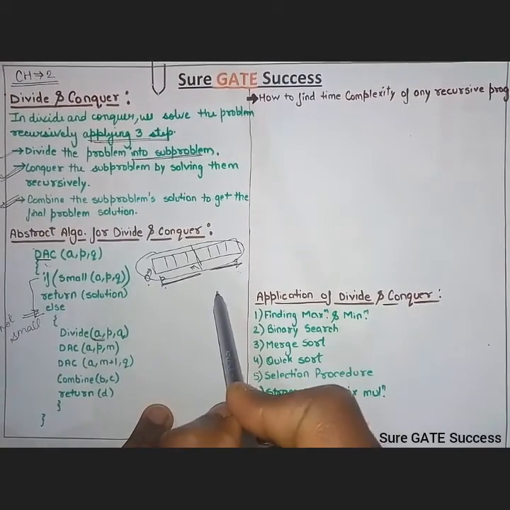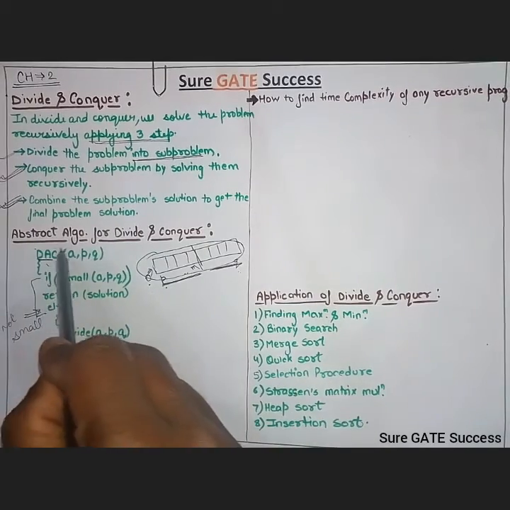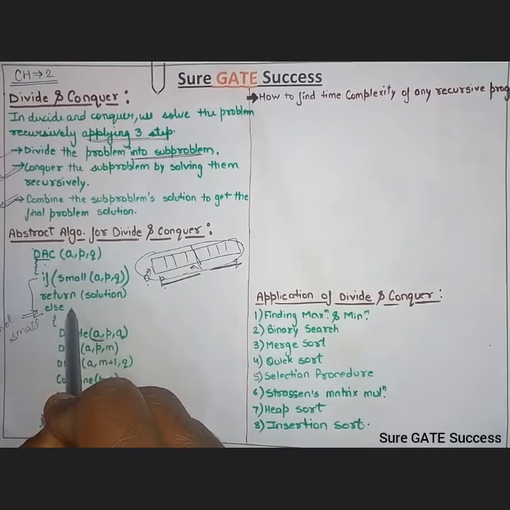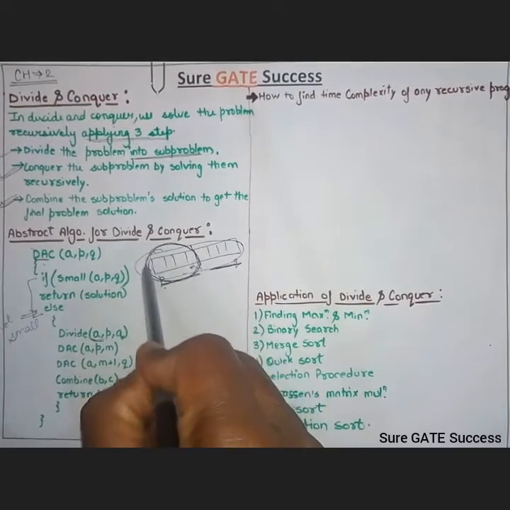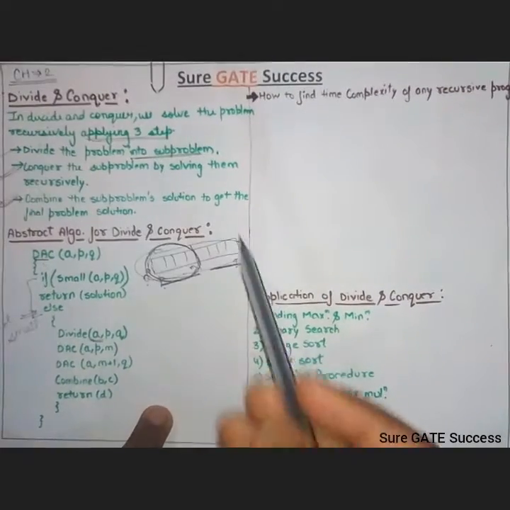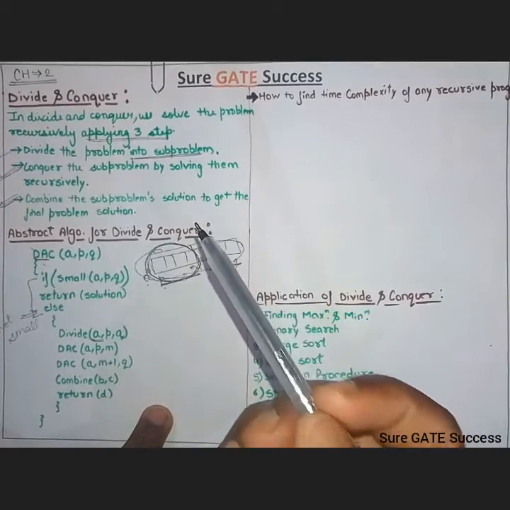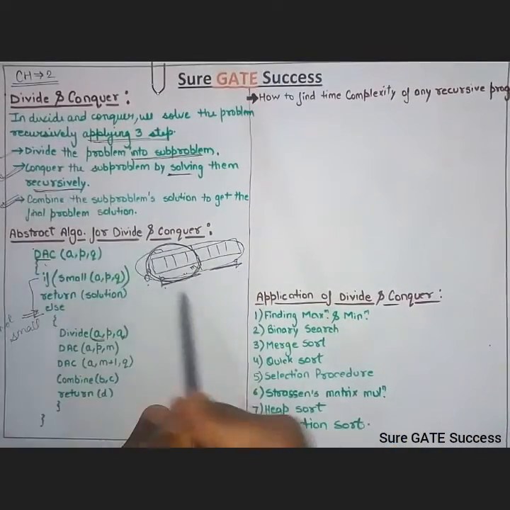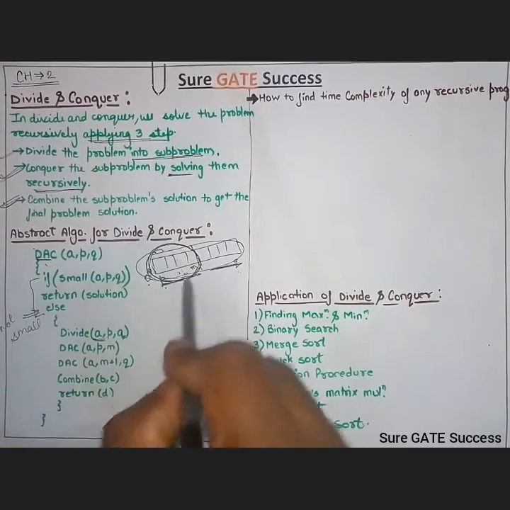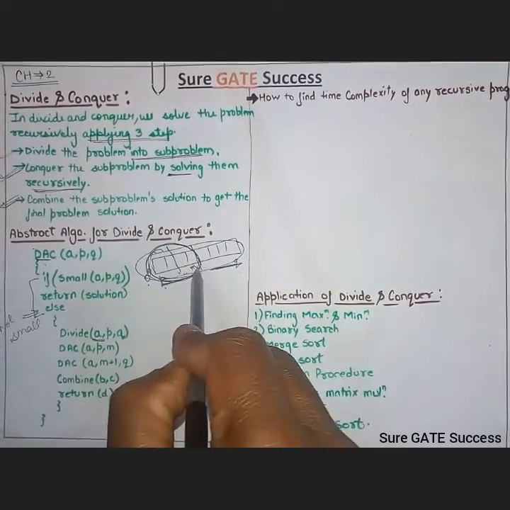So now we have two subproblems. In the same manner as above, we have to solve these subproblems also. That is, we have to solve the problem recursively, to do the same thing with this. Then we will break like this.